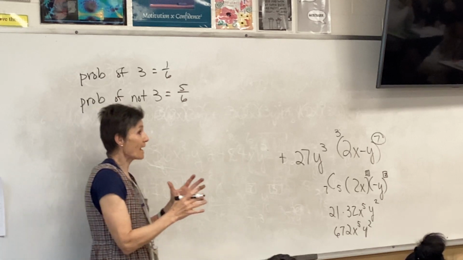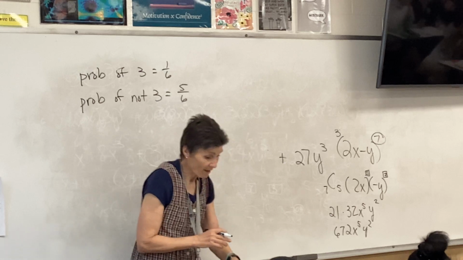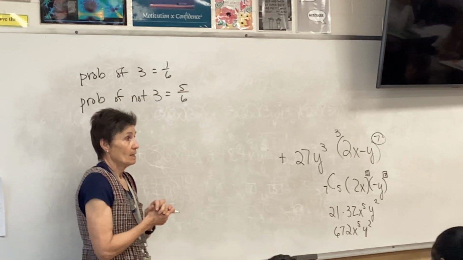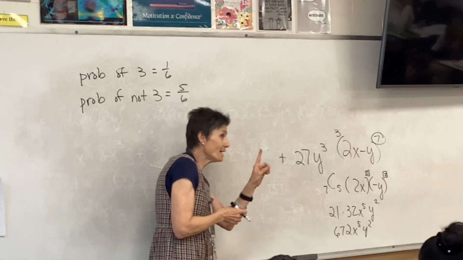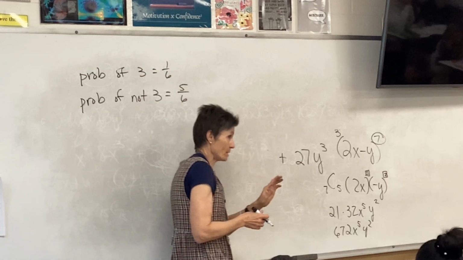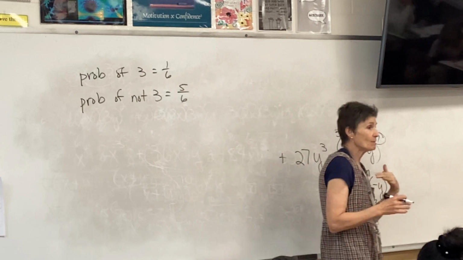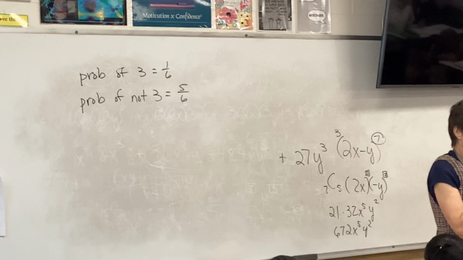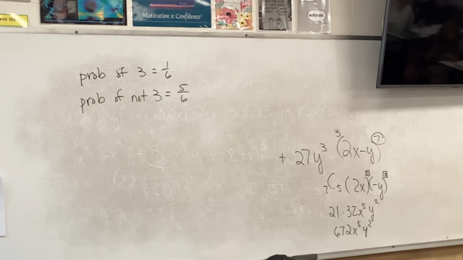Okay, so here's what's happening. I am gonna roll that thing 5 times. And I want one of them to be a 3. Now, does it matter to me which one it is? Like the first roll or the third roll? I don't care which one it is. So in other words, I have to have one of them be a 3, but the order doesn't matter.